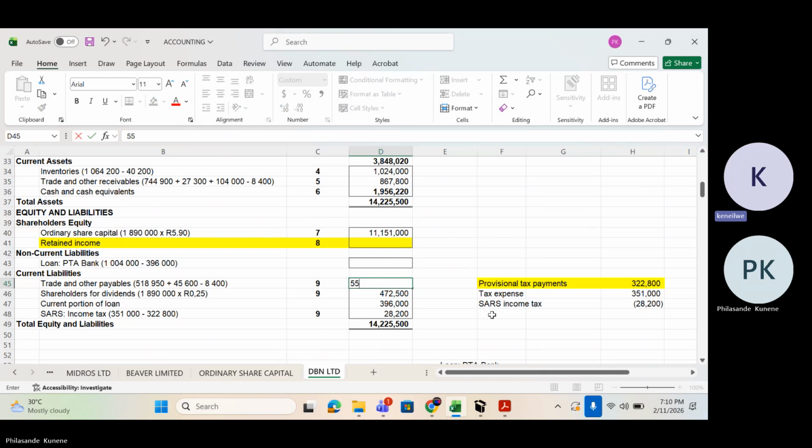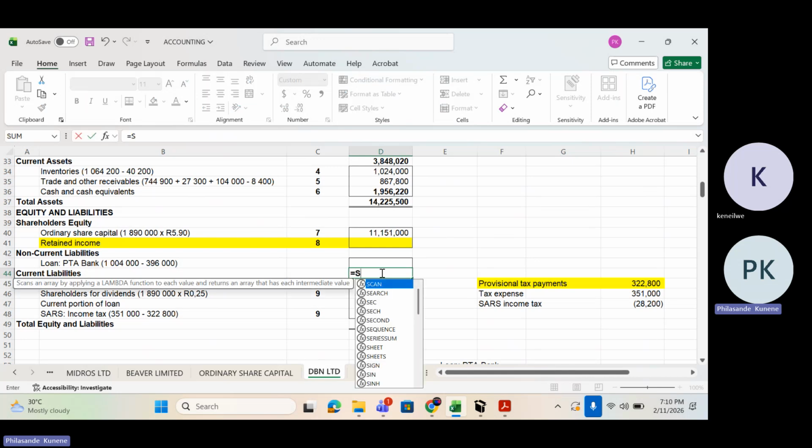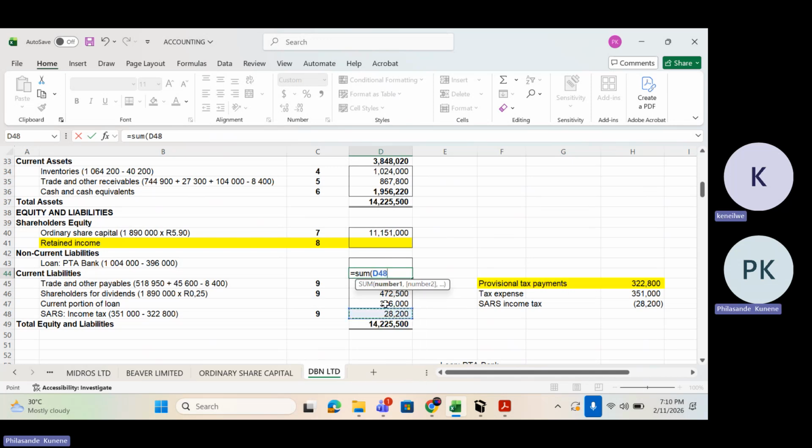556,150, which is going to be my trade and other payables. Then now I'm going to get the total of all my trade and other payables, and then how much will that be? 1,452,850. Then my loan, how much will be the total?